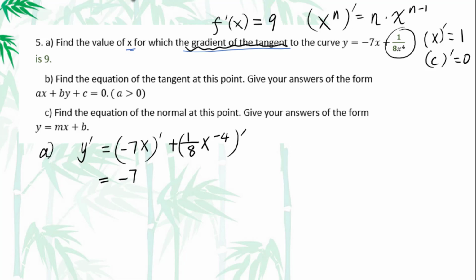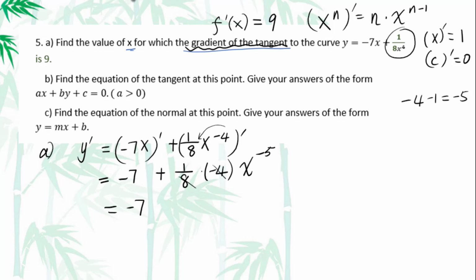because x prime is 1, plus coefficient bring down 1/8 times. Drop down this exponent, -4. X to the -4 minus 1 equals -5th power, equals -7.